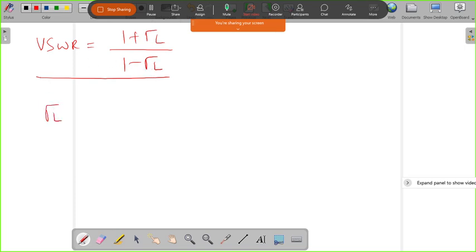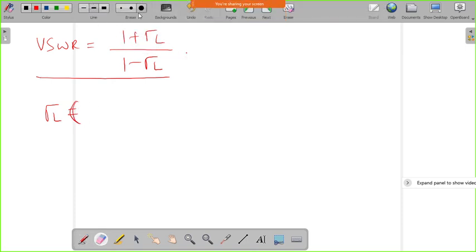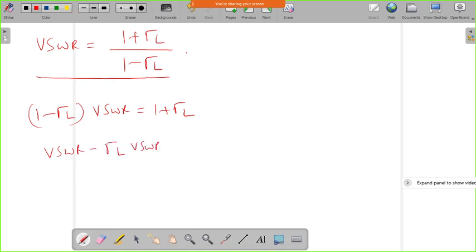And we can define gamma L in terms of the standing wave ratio. Taking this side, gamma L into VSWR, which is equal to 1 plus gamma L. That gives VSWR minus gamma L into VSWR equals 1 plus gamma L. Now we need gamma L, so taking it to this side, we have VSWR minus 1, which is equal to gamma L into 1 plus VSWR.